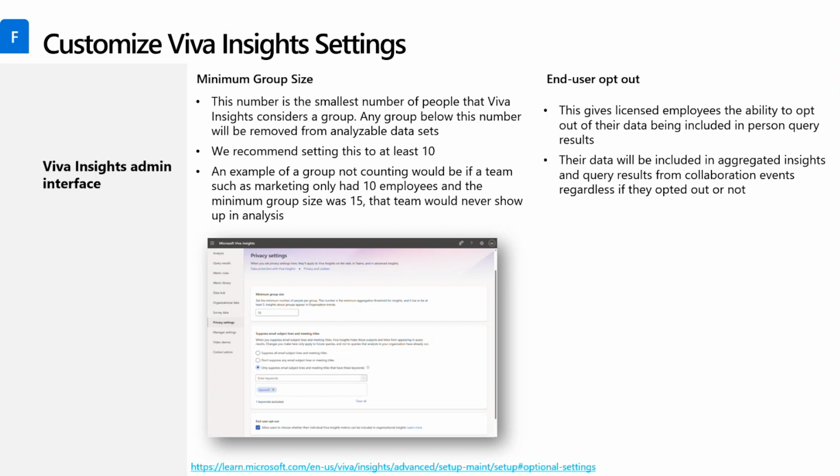The queries allow the analyst to analyze data in more detail. And what this end user opt-out option does is it allows users to be excluded from being part of those query results.